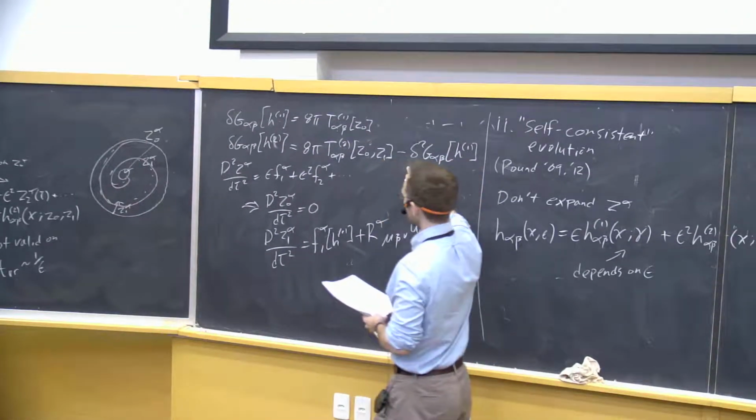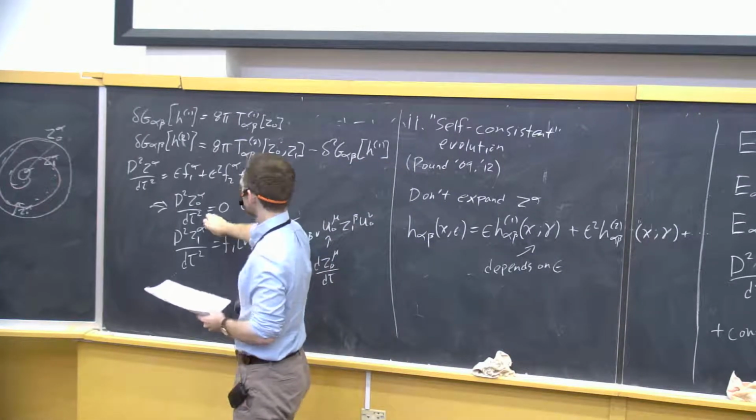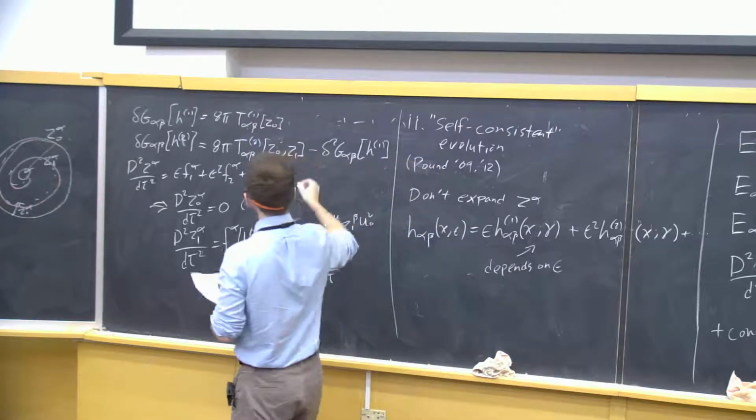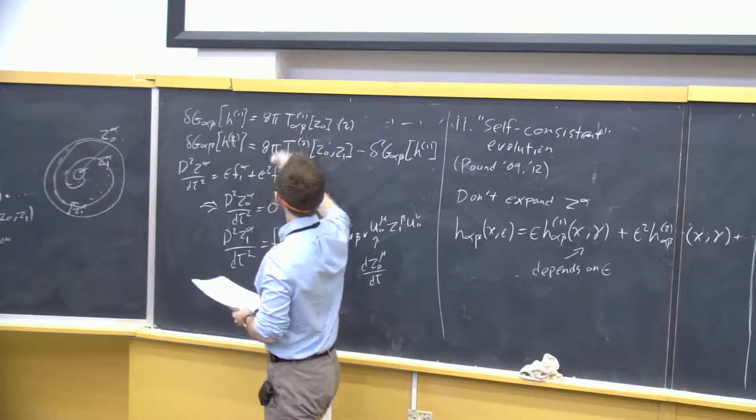So if you go back to the Gralla-Wald case, what you do is you'd say, first solve the geodesic equation to pick out the orbit. You would then go up here and solve for the metric perturbation sourced by that geodesic.